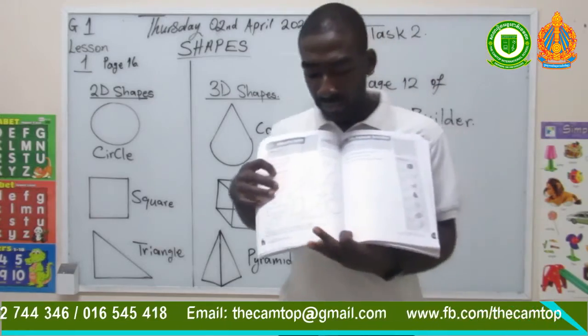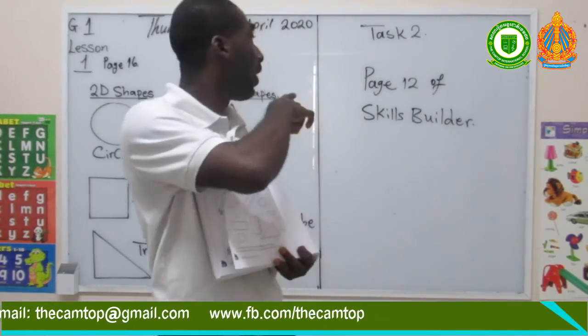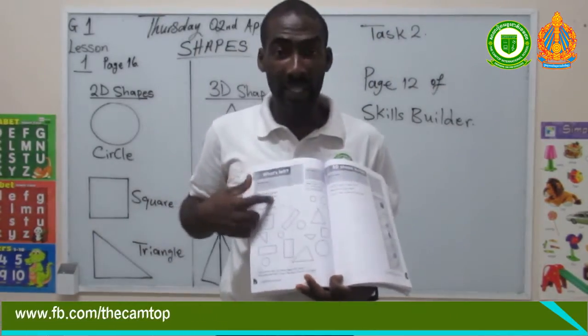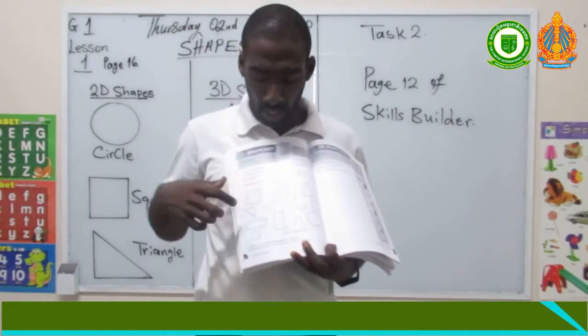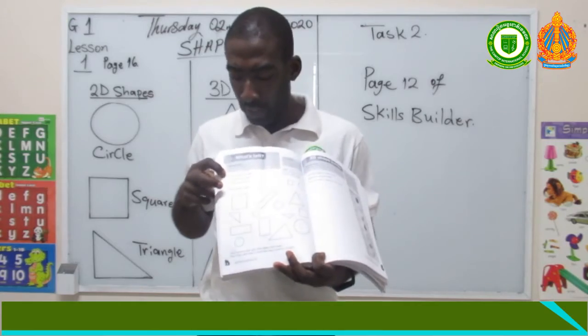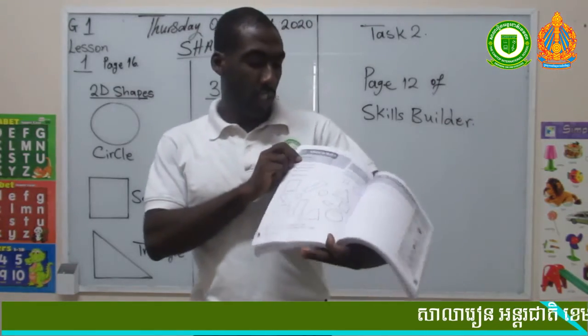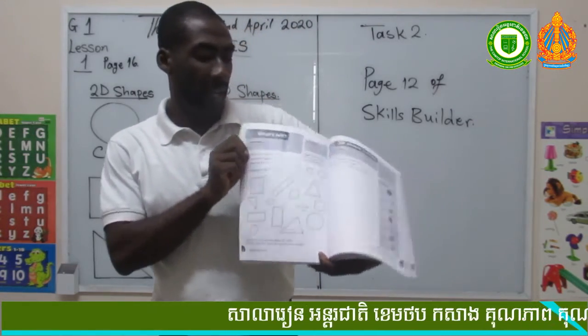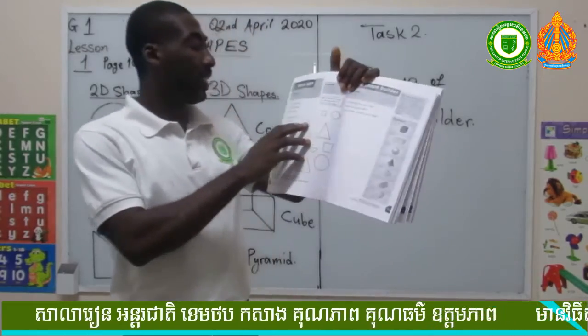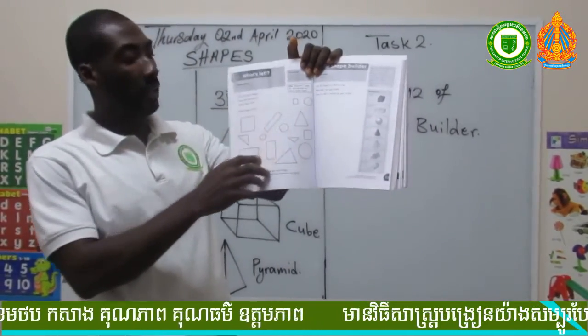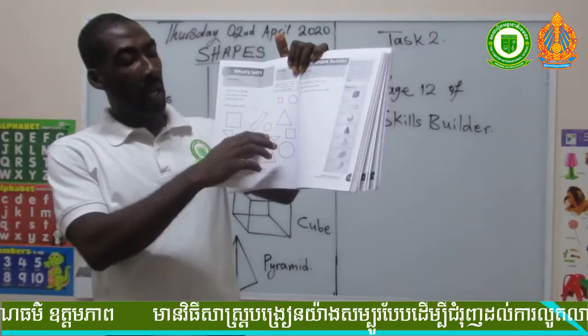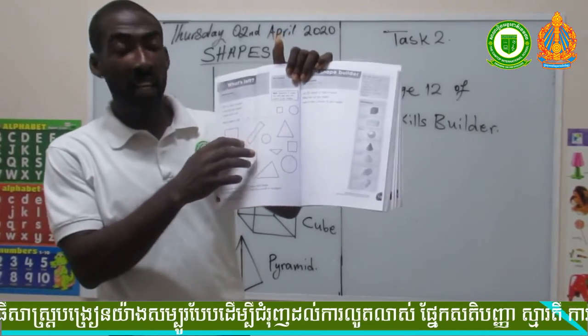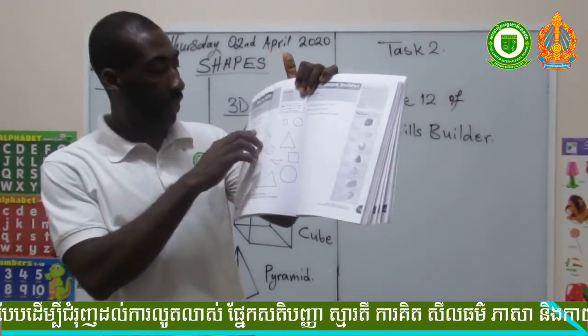So over here at page 12 of the skills builder part, you have different shapes. So you are supposed to do what? Tick the shapes over there. If you look at the task, it says tick each triangle. So when you look here, if you find a triangle, you are supposed to tick, okay?